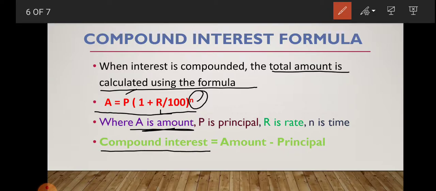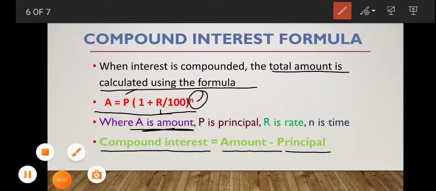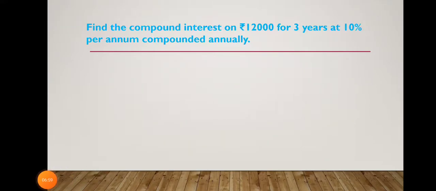Compound interest is equal to amount minus principal. Let's discuss a question. Find the compound interest on rupees 12,000 for 3 years at 10% per annum compounded annually.